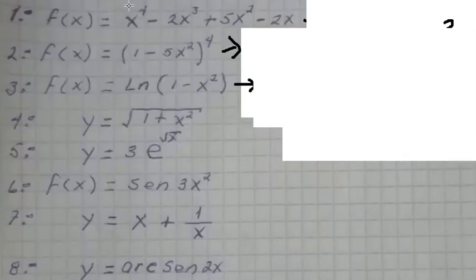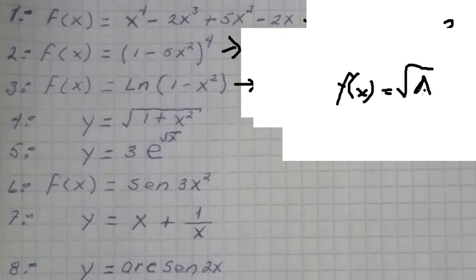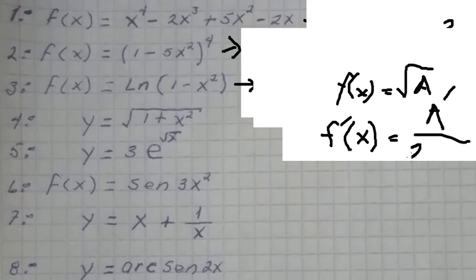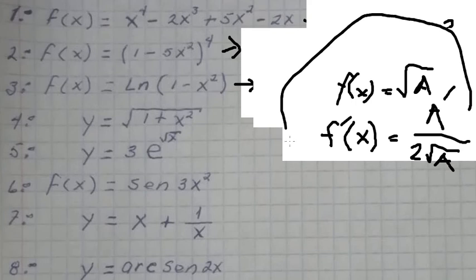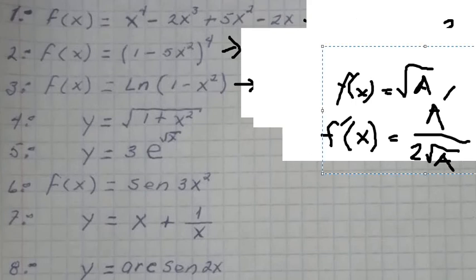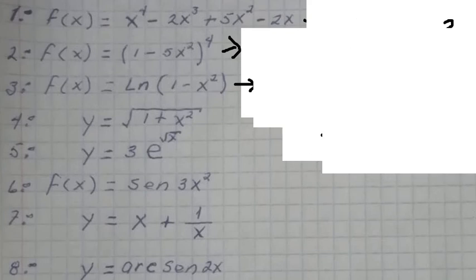Question number 4, we have the square root. If we do the first derivative, you will get the first derivative of a over 2 multiplied with the square root of a. So we will apply this formula in here. For question number 4, that should be like this.